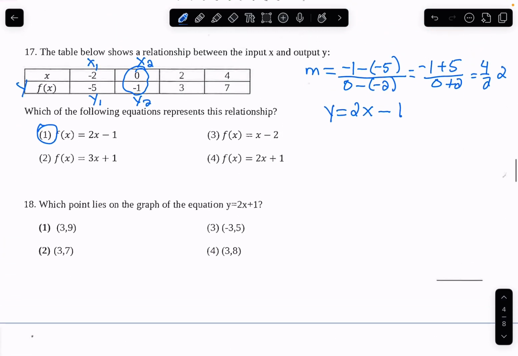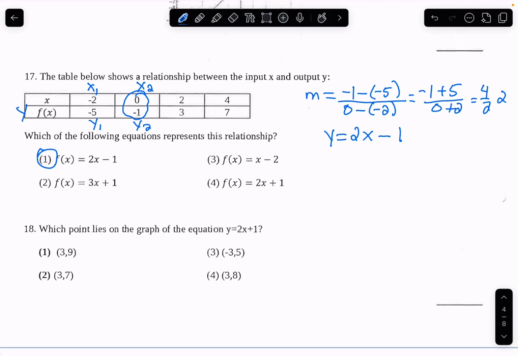All right, and the last one I have for you on the multiple choice, and if you get all of these, you're really golden. Which of the following points lies on the graph y equals 2x plus 1? So I started with the first one, I plugged in 9, right? So (3, 9). So 9 is equal to 2 times 3 plus 1.